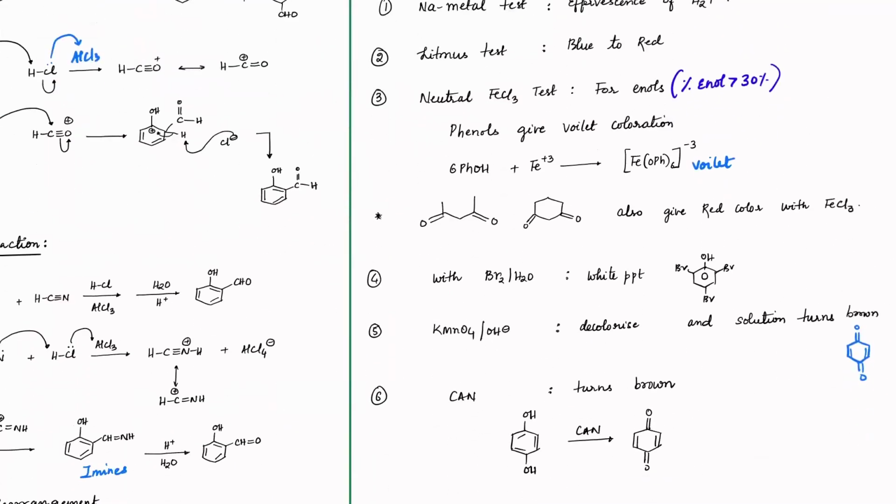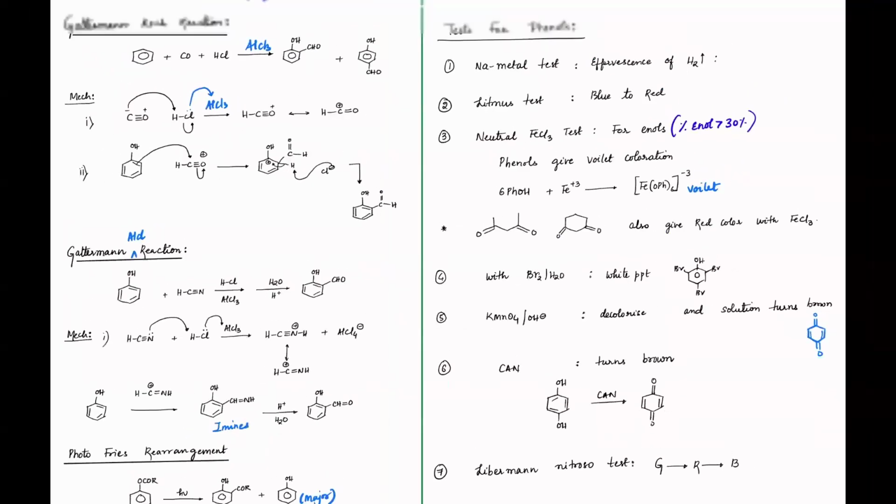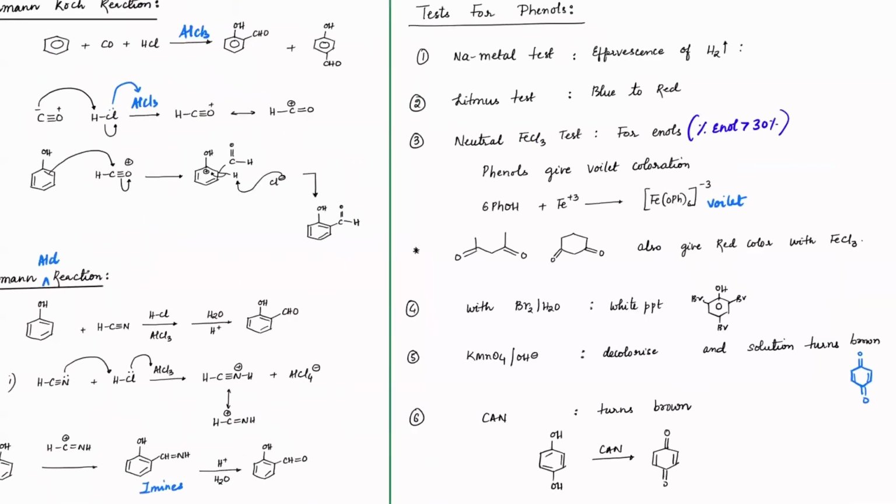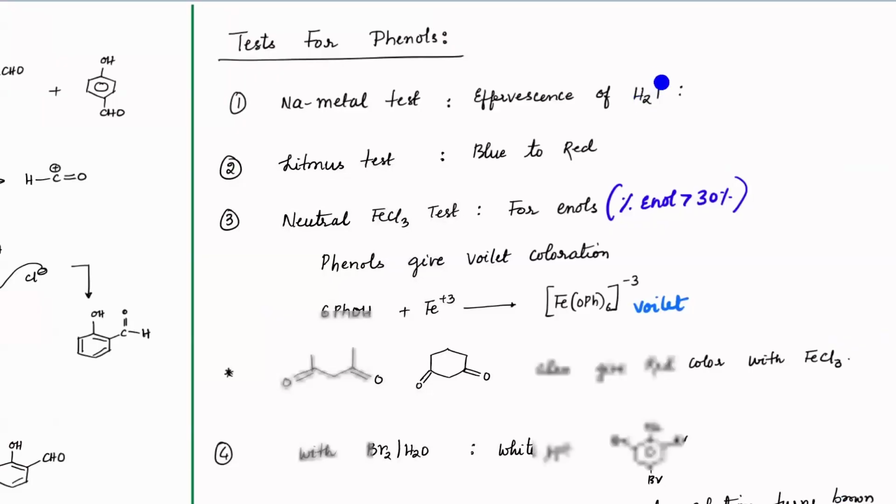Finally, these are the tests of phenols, everybody. So remember, first the sodium metal test, that is phenols will give H2 gas. It will turn blue litmus red. Neutral FeCl3 test. This is very important: when phenol is added to Fe plus 3 salts, it will give a violet coloration. In fact, depending upon the various types of phenols, it can give red, blue, yellow, orange, different colors.